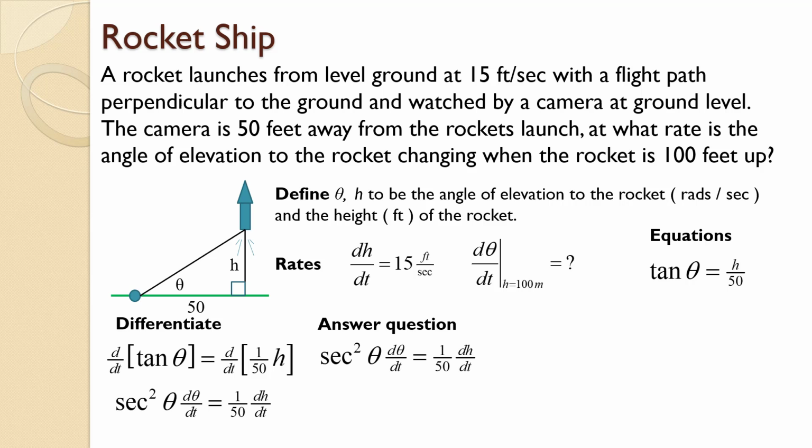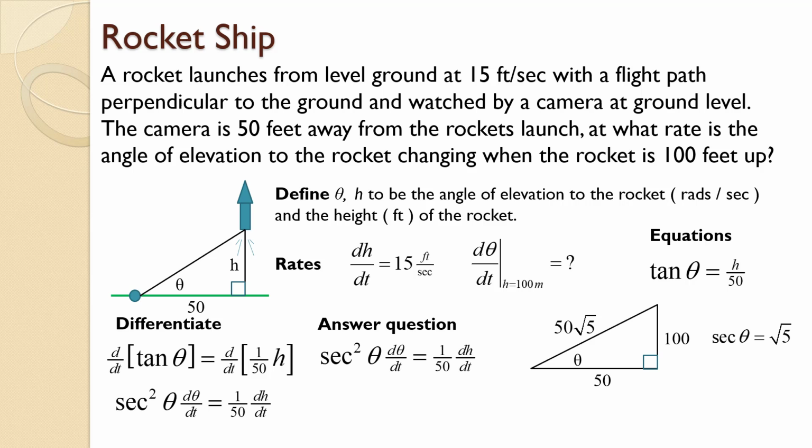So let's look at that one moment. Here's a triangle. This time I have the height being a fixed value. I just don't know what theta is. Well, by using the Pythagorean theorem, you can see that the hypotenuse is 50 times the square root of 5. And then remembering that the secant happens to be the hypotenuse divided by the adjacent side, you get that the secant of theta is the square root of 5.